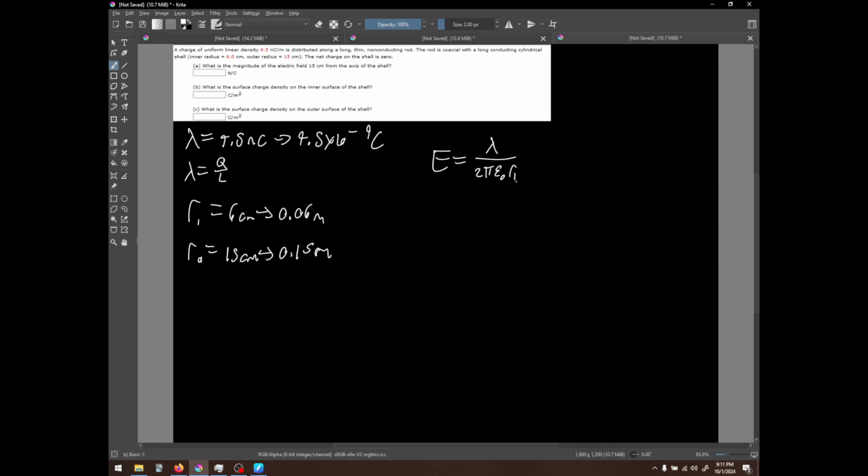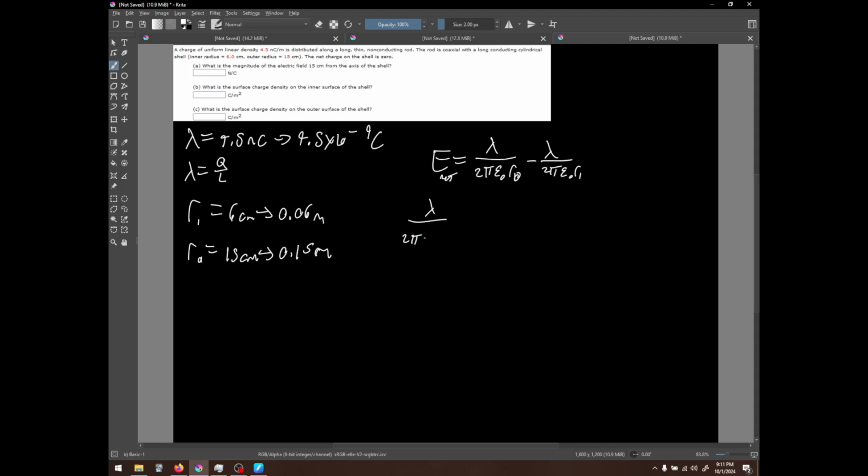It would have to be lambda over 2 pi epsilon 0 R0 minus lambda over 2 pi epsilon 0 Ri. And since I'm saying that this is what E net equals, we can probably set them equal to each other.